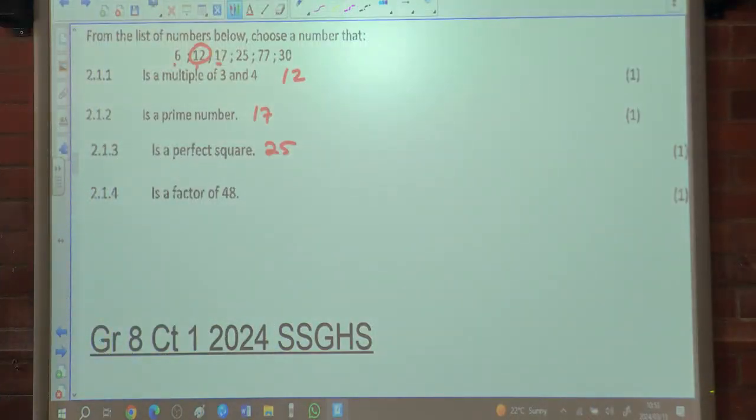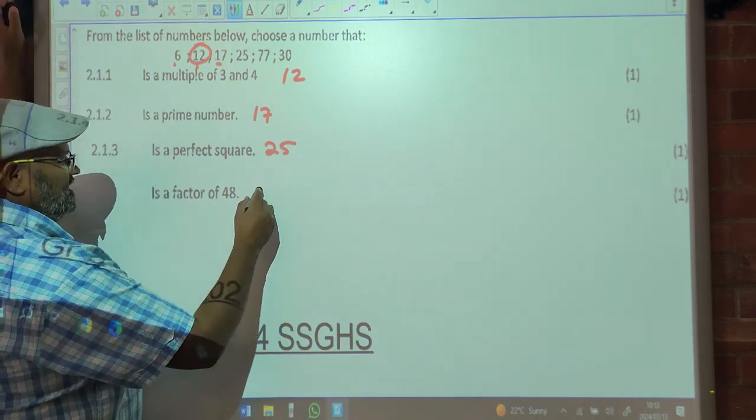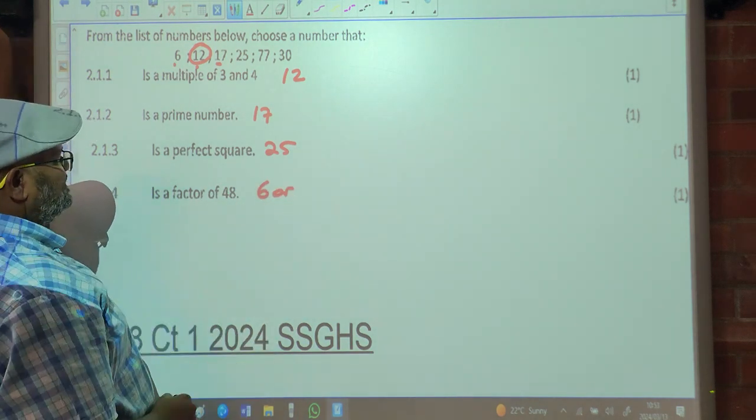Is a factor of 48, which means to say you can divide into 48. So 6 can be divided into 48, not so? Okay?